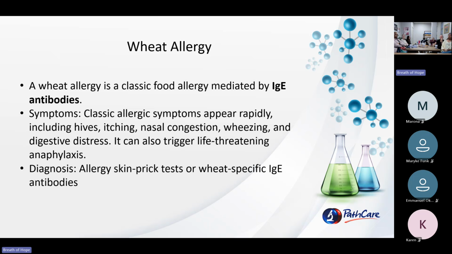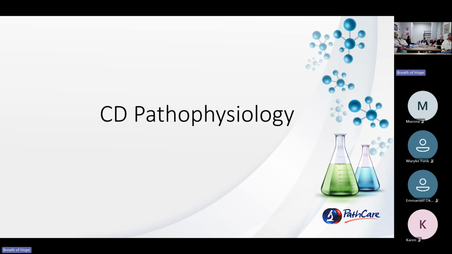So those are the typical allergy symptoms: hives, itching, nasal congestion, wheezing, could also cause digestive distress, or even in very severe cases, anaphylaxis. And that's a typical allergy diagnosis, so wheat-specific IgE, or you could do a skin prick test.